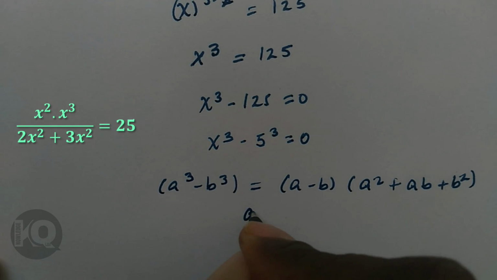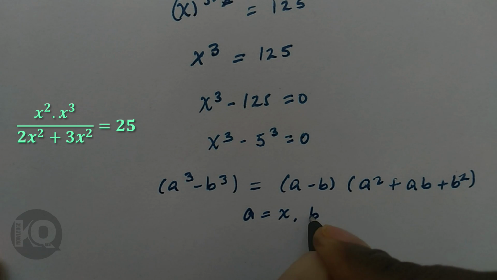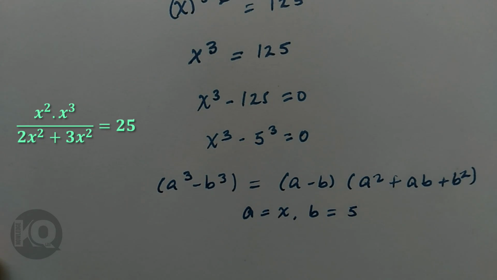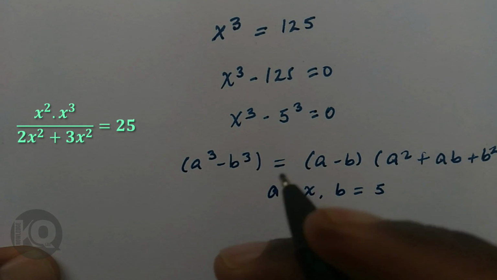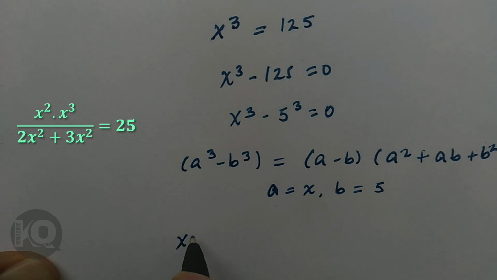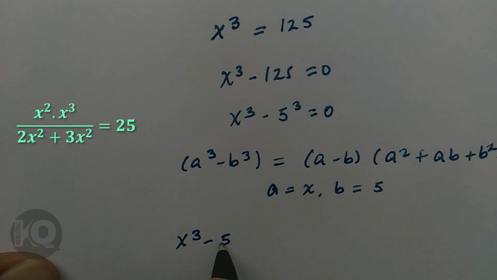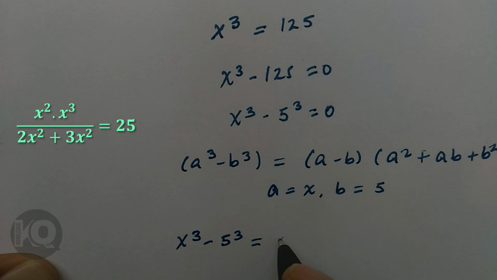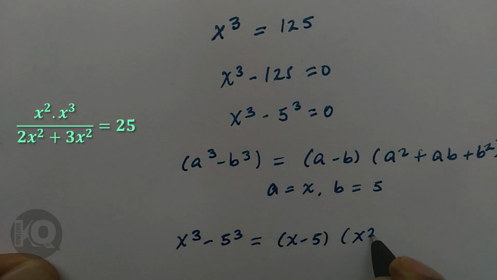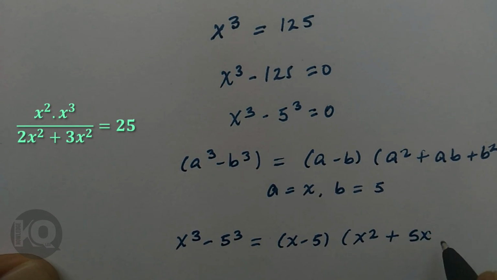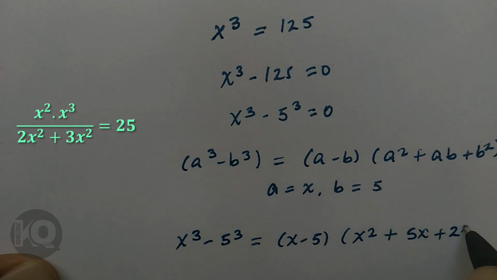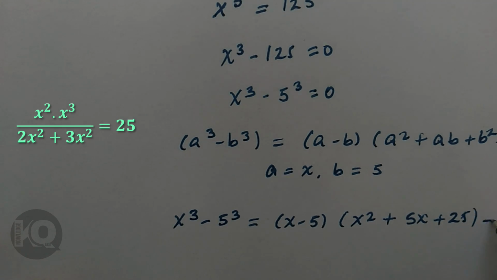So hence a is equal to x and b is equal to 5. So this x cubed minus 5 cubed is equal to (x minus 5) times (x squared plus 5x plus 25), equal to 0.